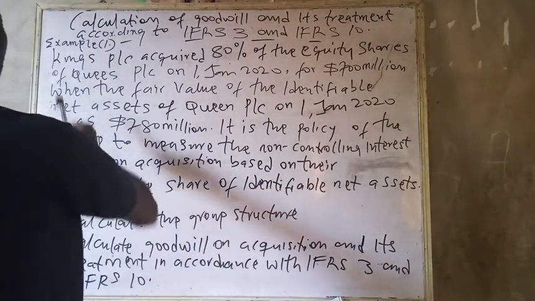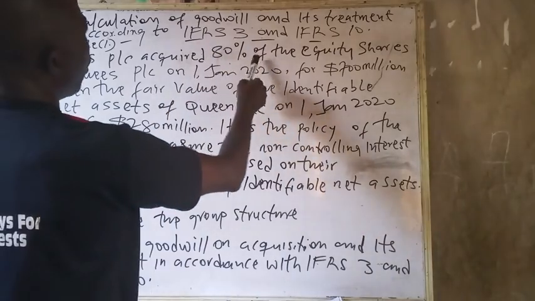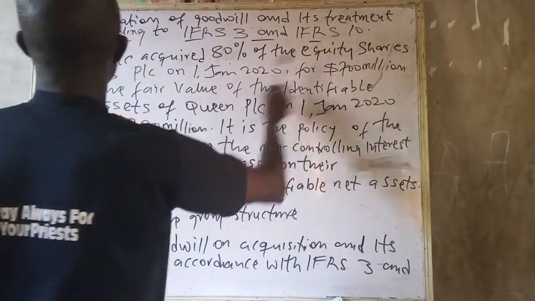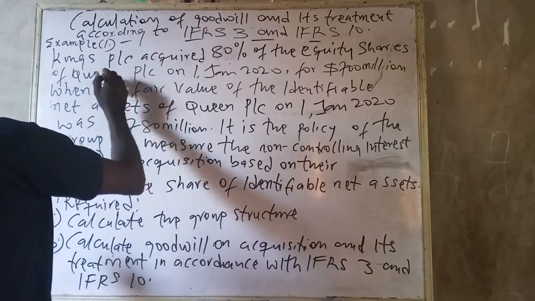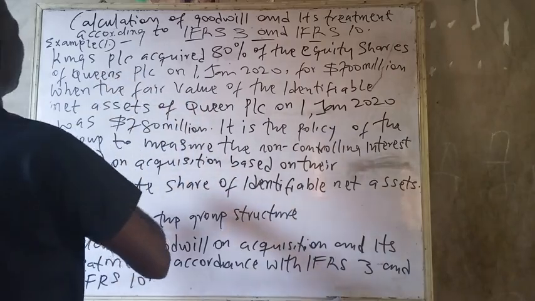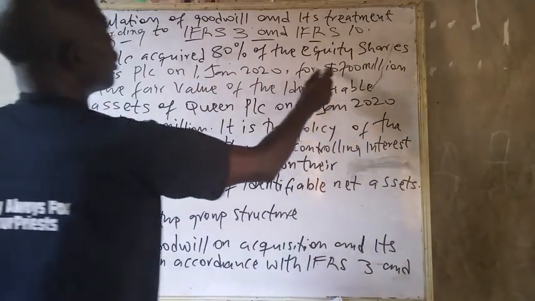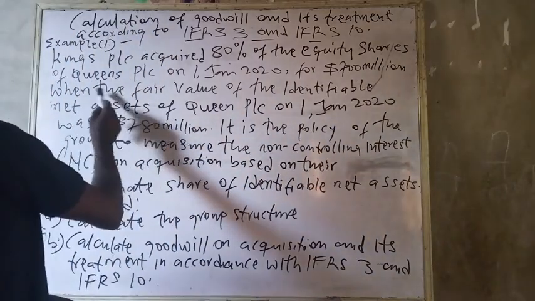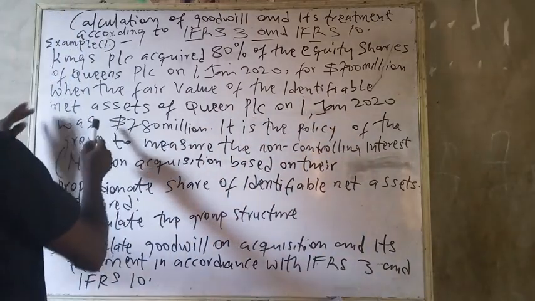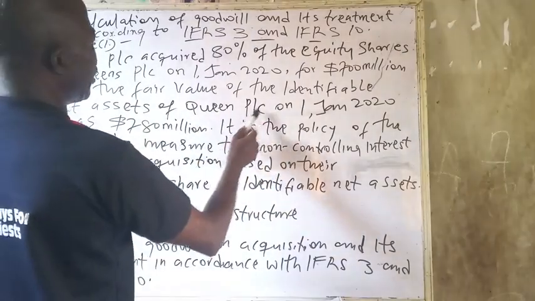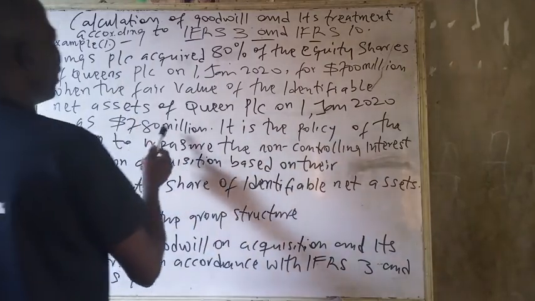This is the question. The question says, Kings PLC acquired 80% of the equity shares of Queen PLC on 1st January 2020 for $700 million when the fair value of the identifiable net assets of Queen PLC on 1st January 2020 was $780 million.